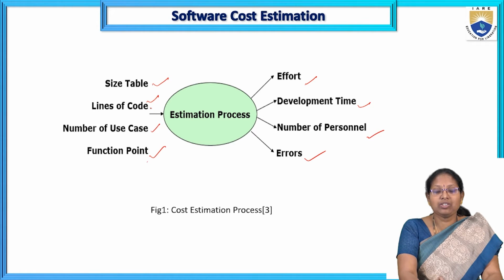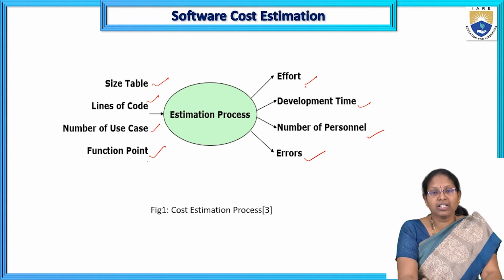Then the estimation process is completed and we get effort. Effort means the person's work, in terms of months, hours or weeks. How many persons' effort, their workload, is required to complete that particular product? That is in the effort.